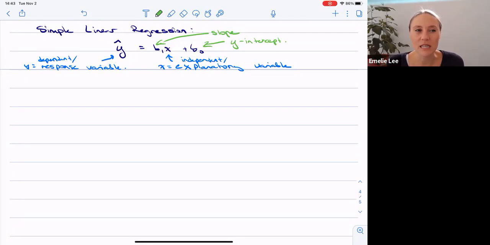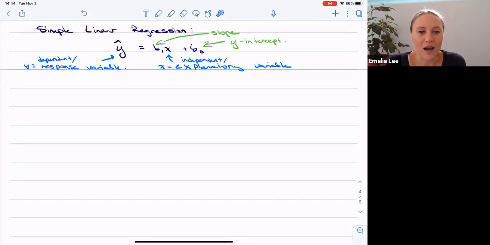What we're estimating is the population slope and the population y-intercept, which are typically denoted by beta 1 and beta naught. I like to have them in this order because I like referring to them as y equals mx plus b, so that's probably familiar. We are just looking at a straight line, so nothing crazy.